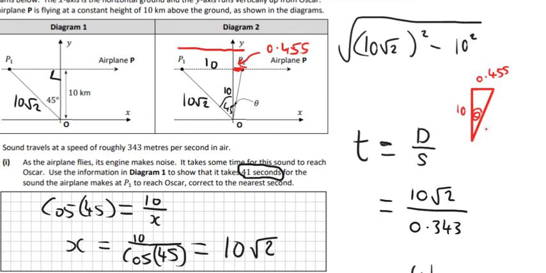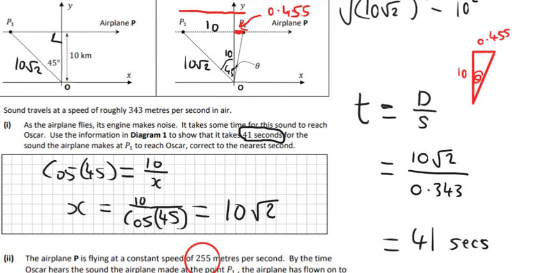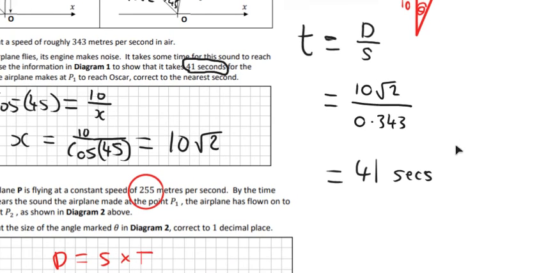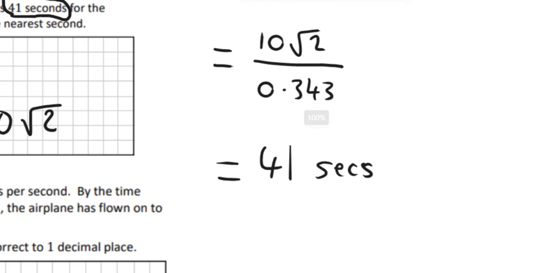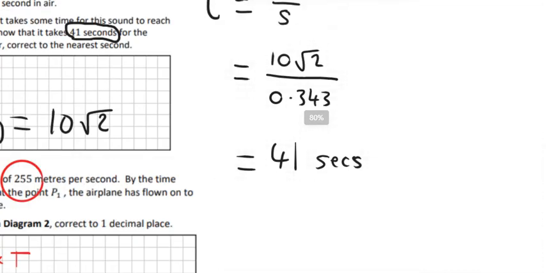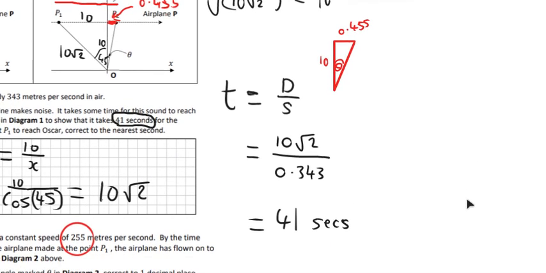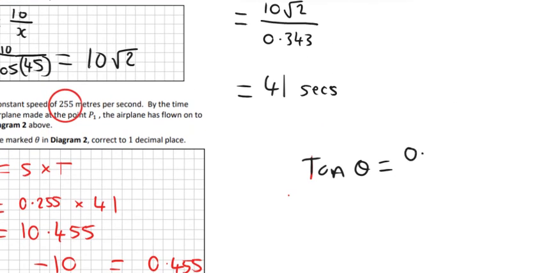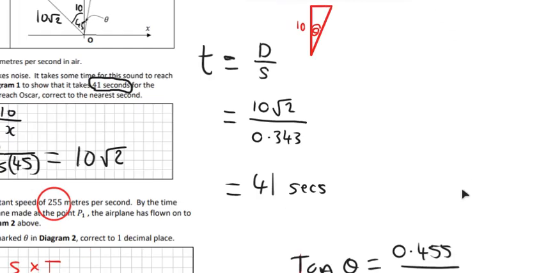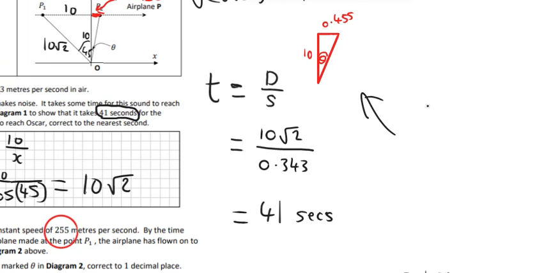So we can use opposite and adjacent there, so we can use tan. So tan of theta is equal to 0.455 all over 10, because 10 is the adjacent in that little red angle triangle.